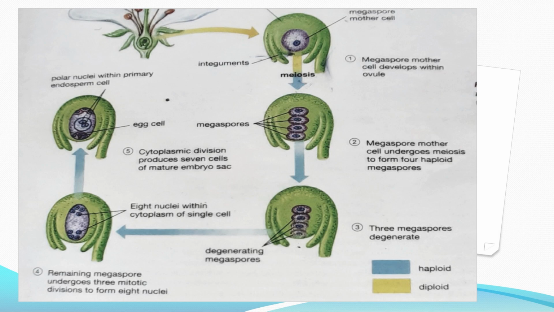Those remaining at the micropylar end constitute the egg apparatus. The central one is the egg cell and the 2 side cells are the synergids, and in the center the cell is the primary endosperm cell that has 2 haploid nuclei, and those at the chalaza end constitute the antipodals, and this 7 cell structure is the female gametophyte that does not leave the plant, that remains in the ovule itself.